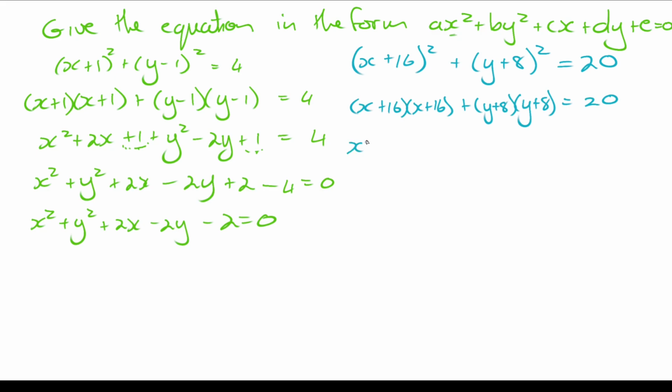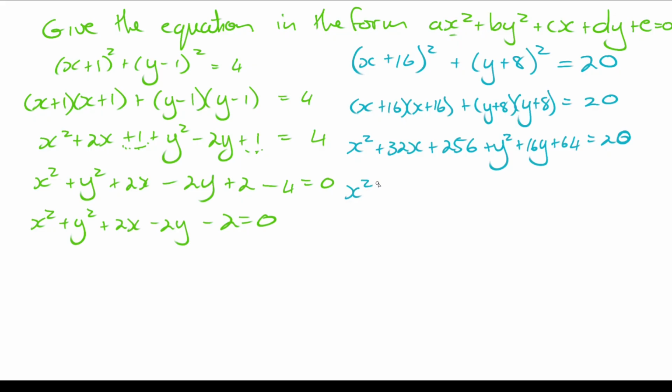I get x squared plus 32x plus 256. Actually, I should make sure about that. Let's do that. 16 squared. Yeah, 256 plus y squared plus 16y plus 64 equals 20. All right. Okay. Yeah, 20.